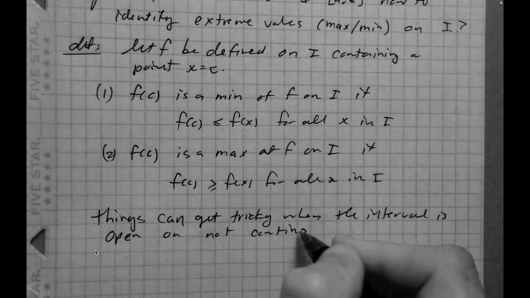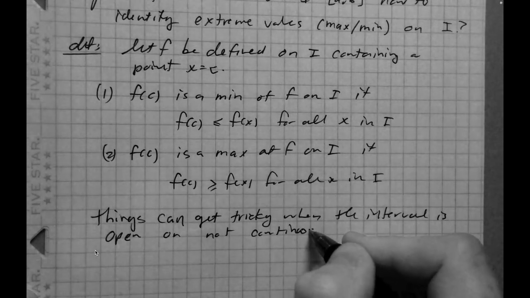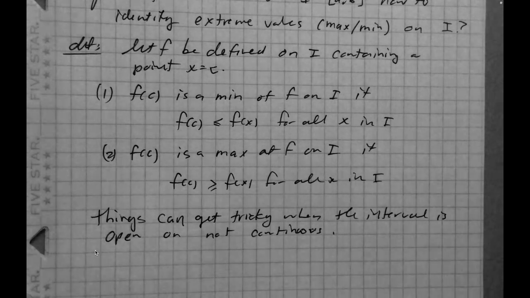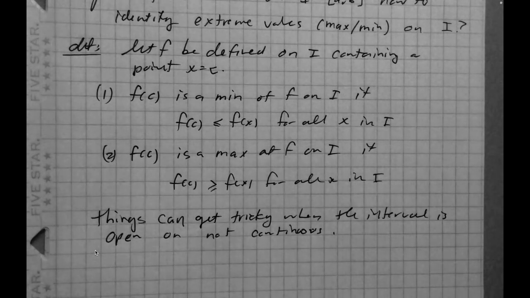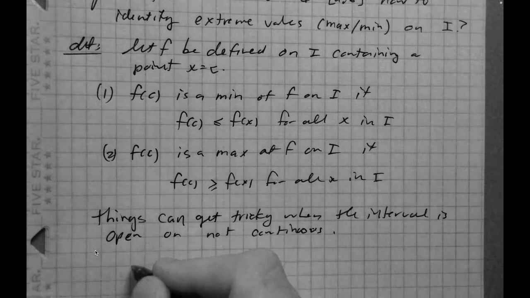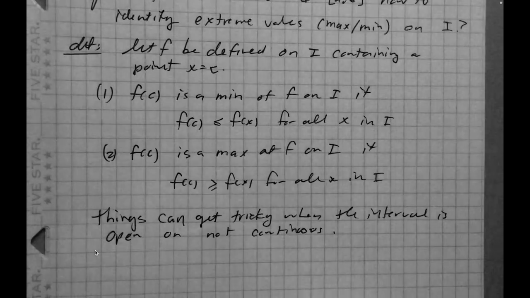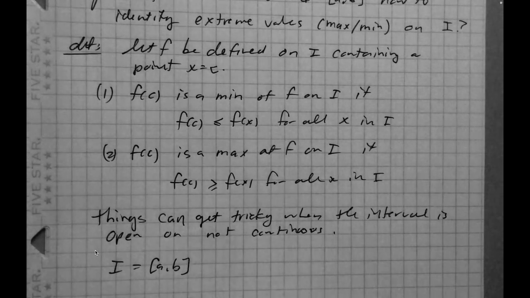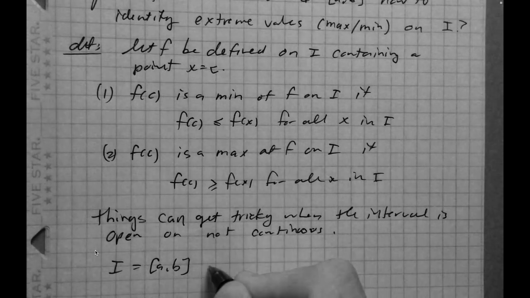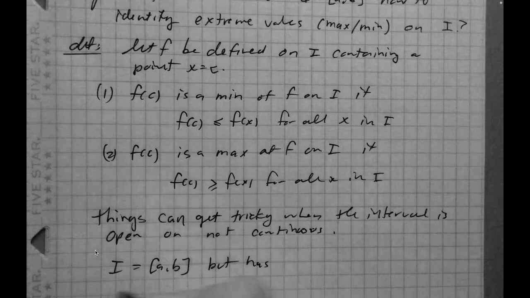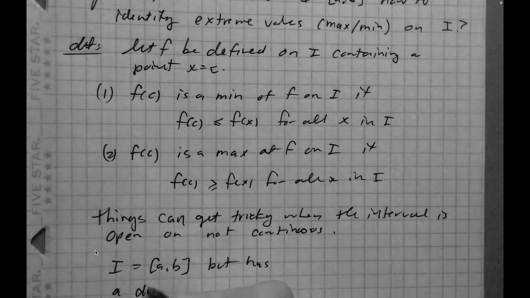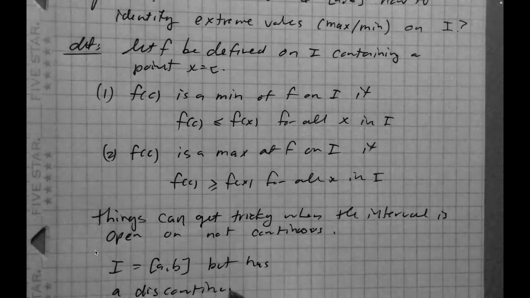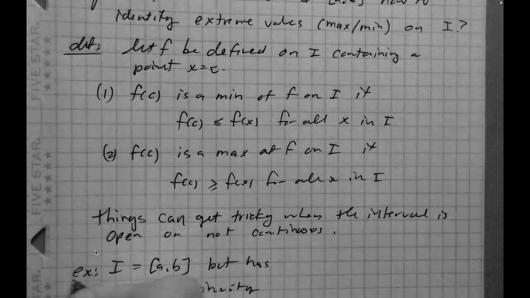If that happens, you can run into some issues. So let's first start with this example. We'll say I equals (a, b), but the function has a discontinuity at x equals 0. This is an example.